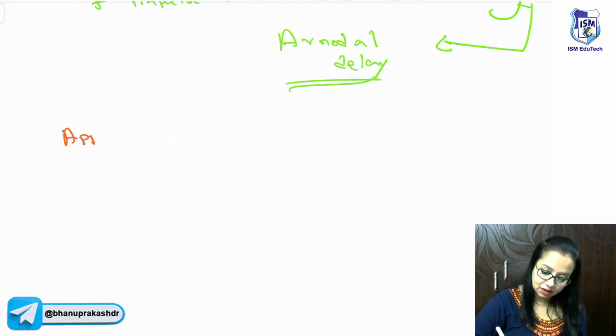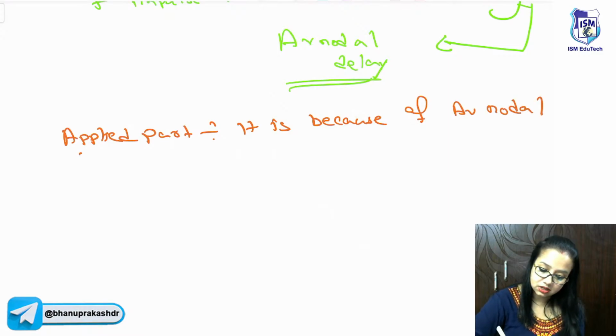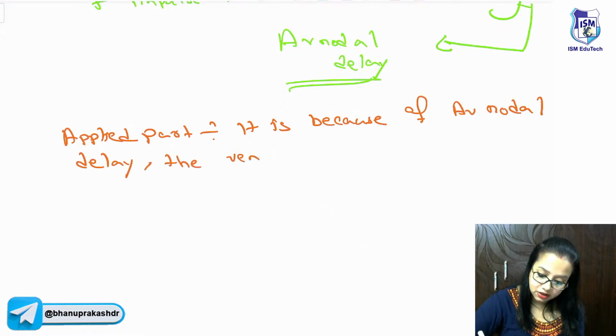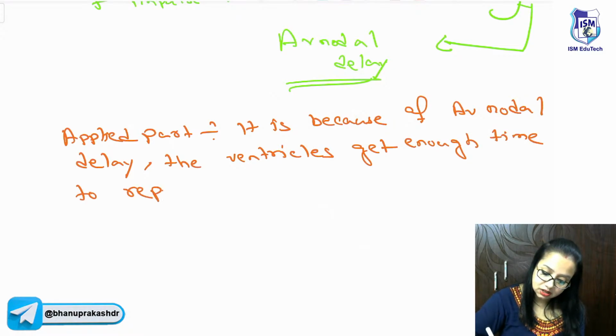It is because of AV nodal delay that the ventricles get enough time to repolarize.